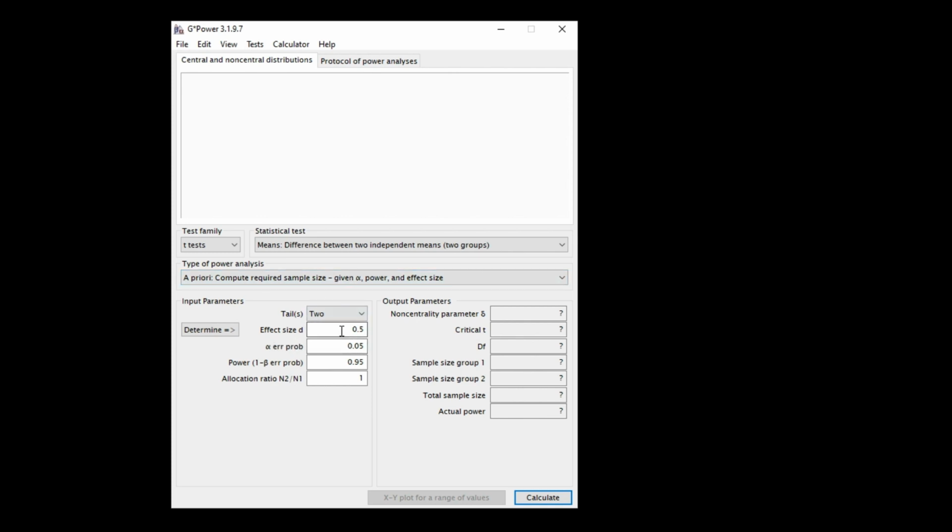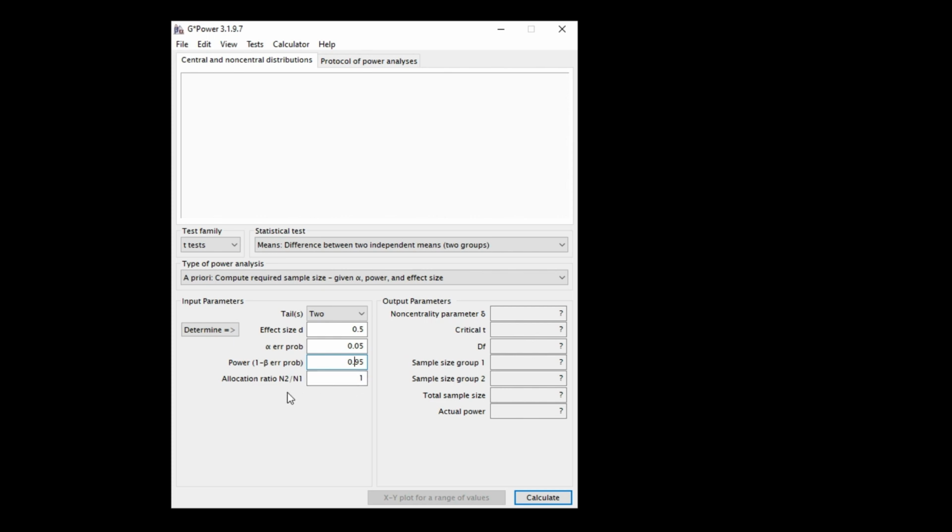It's asking me for the effect size, which is a number that we'll be quantifying. I won't go into the details here, but for right now, I'll just say that is 0.5. We'll have the significance level at 0.05, and then power at, it just had 0.95 for a default here, so I'm leaving that there. And then it asks for allocation ratio, which in this case is one of the things that I need to provide.